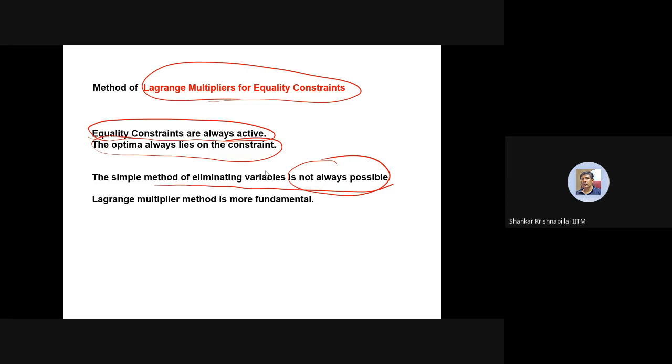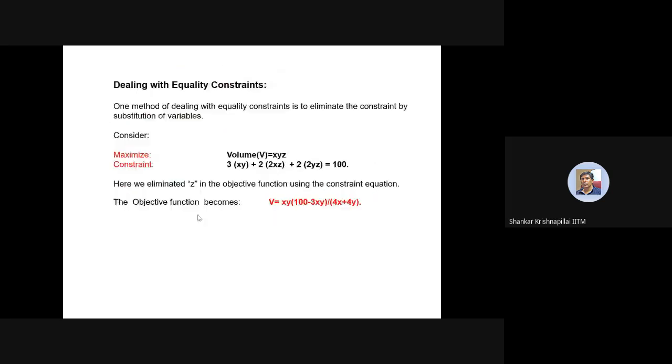You can bring x to one side and y and z on the other side, and you can express x as a function of y and z. But in some equations, the variables are all mixed up and you can't separate a particular variable. So the Lagrange multiplier method is more fundamental and it can be used in such circumstances. We'll just look at one example where our normal method fails.